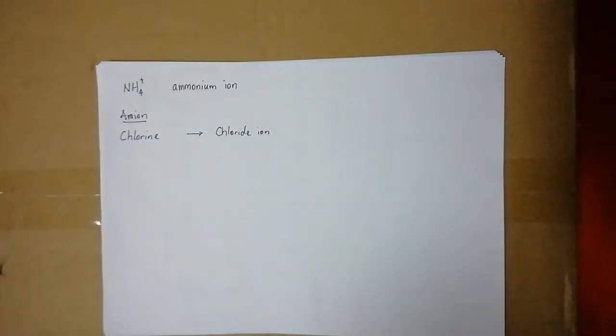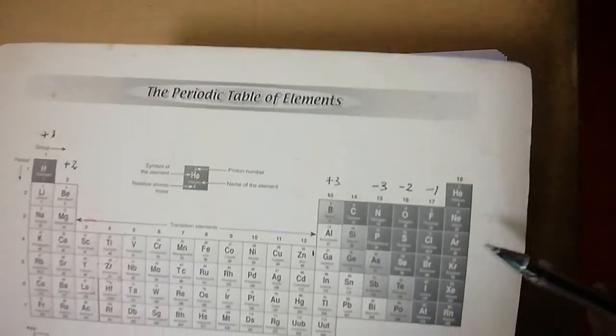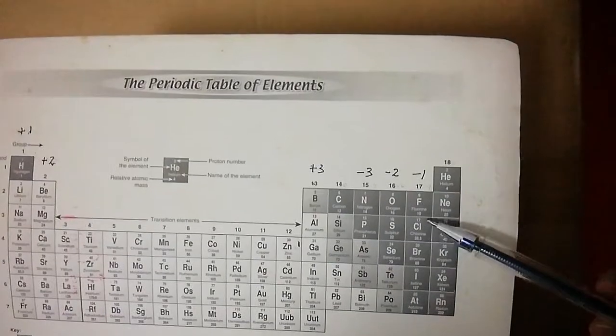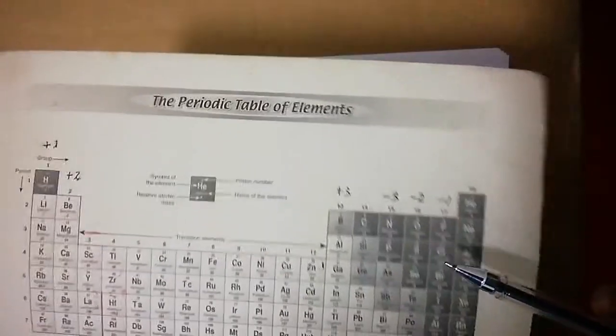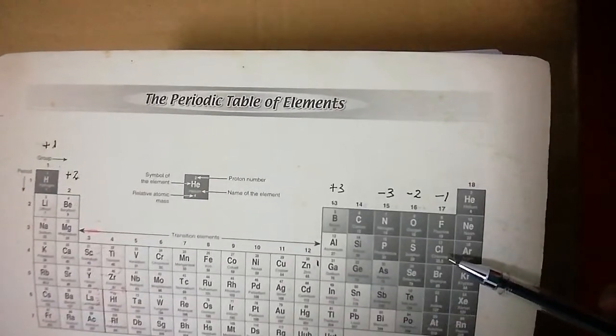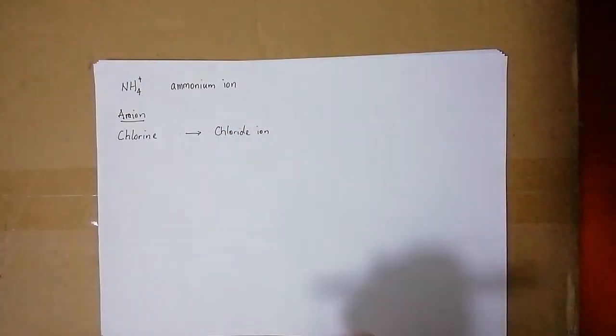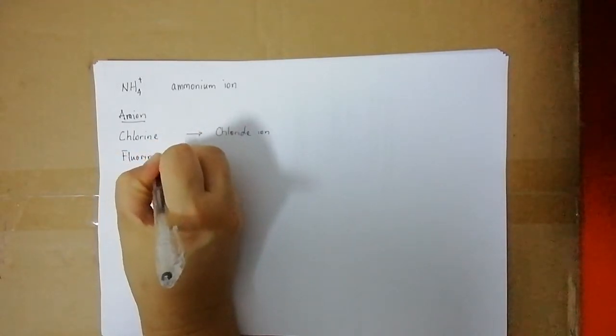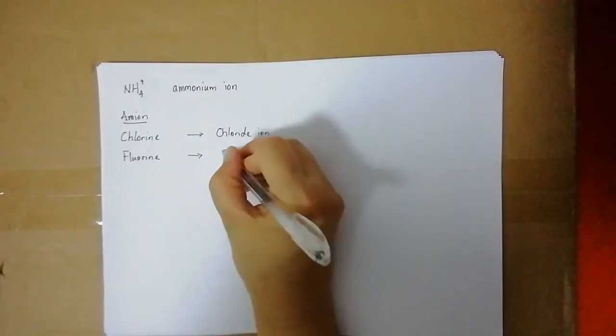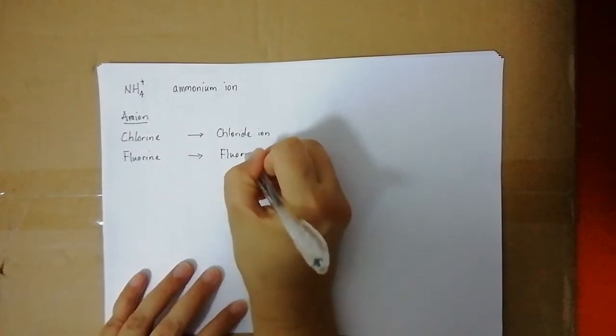Most of the anions are non-metal. We can see here chlorine, from the periodic table, when it forms ion, it becomes chloride ion. And like fluorine, when it forms ion, it becomes fluoride ion.